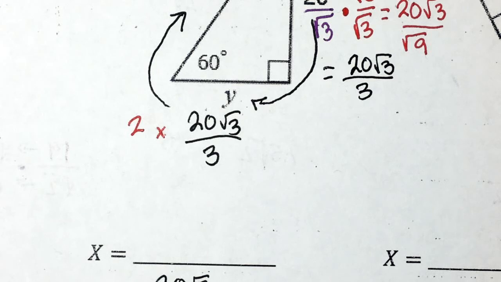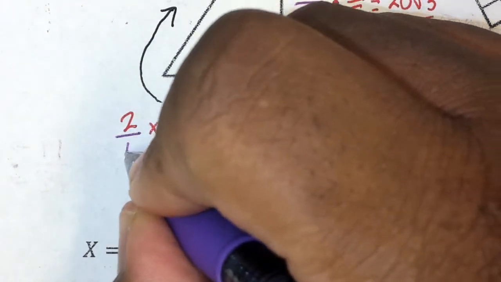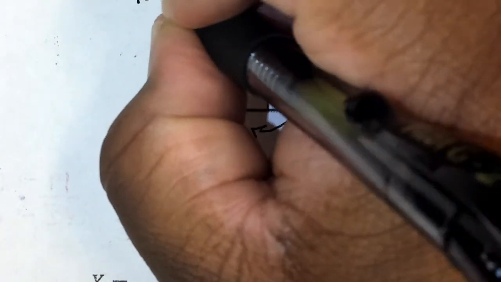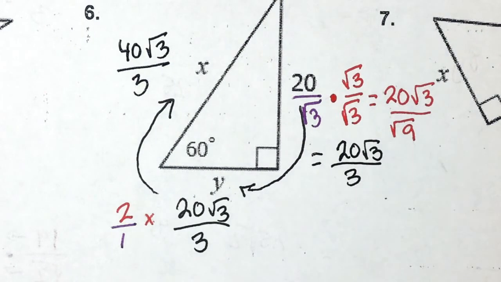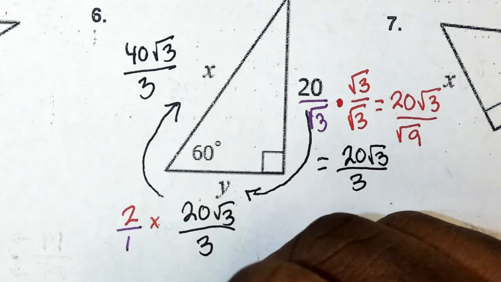What's that going to give it? Times 2 is the same thing. And since this is a fraction, if y'all want to do it, you can write 2 over 1 if you want it. But you're just multiplying times 2. Good. It's going to be 40 radical 3 over 3. Once you times that by 2. And then you still check to see if you can simplify. You can't. So 40 radical 3 over 3.